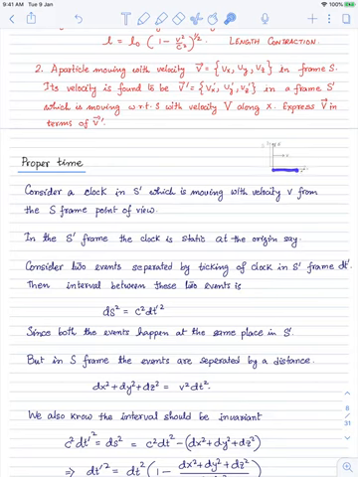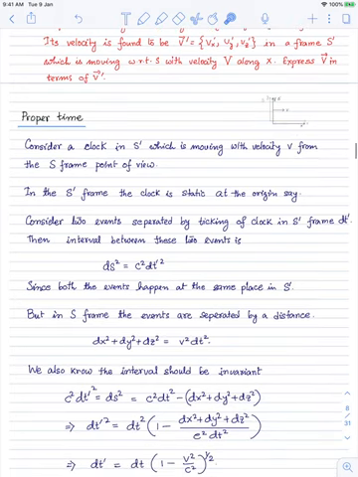In time t it has moved a distance, and that distance is basically v times the time that the clock shows. So this distance squared is given by the relative velocity v squared times dt squared.